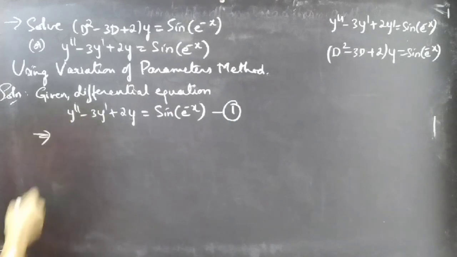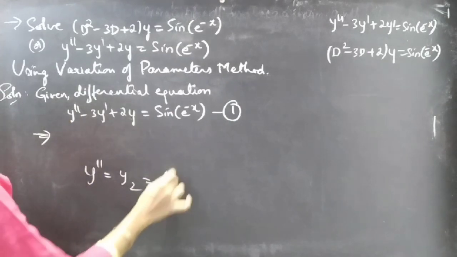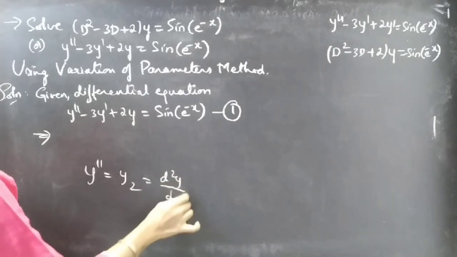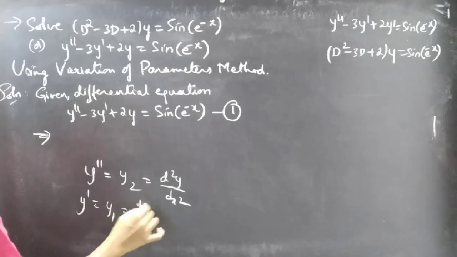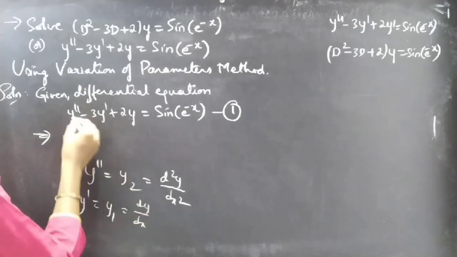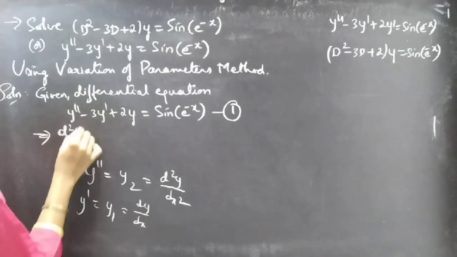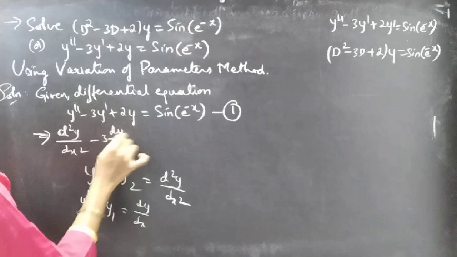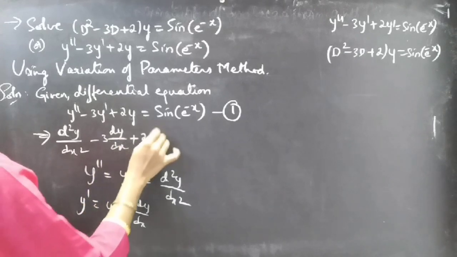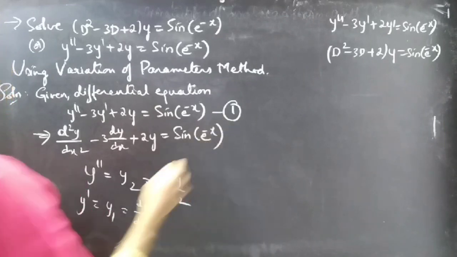We can write y double dash, or y2, as d square y by dx square, whereas y dash, or y1, is dy by dx. We can write this equation as d square y by dx square minus 3 into dy by dx plus 2y equal to sine e power minus x.